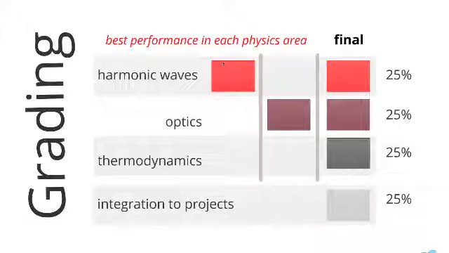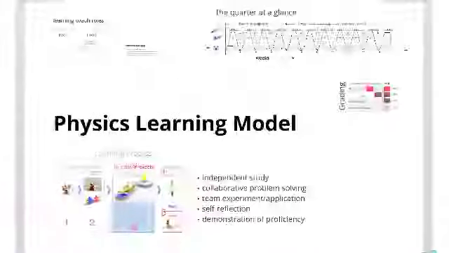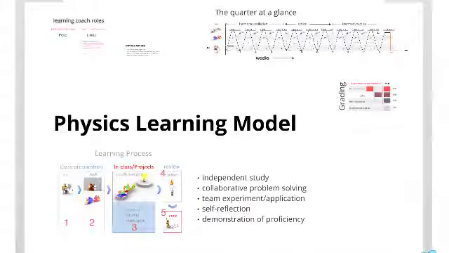Early on, you can choose to take a midterm on harmonic waves. Then there's a test on optics, and then one on thermodynamics. You'll get 2 chances to do each of these areas, and we will take your best performance in each of the 3 areas. So that's, in a nutshell, what it looks like for the quarter.